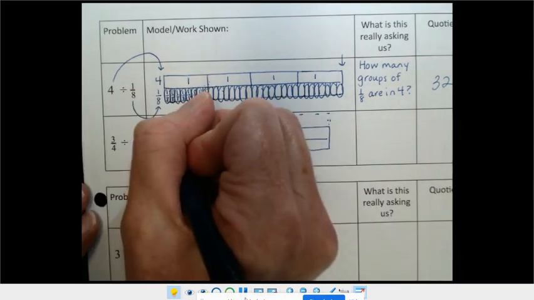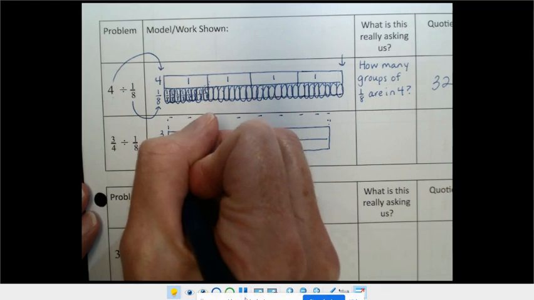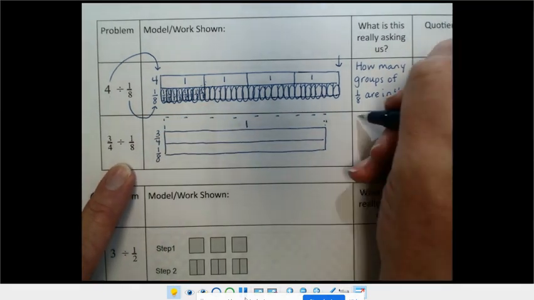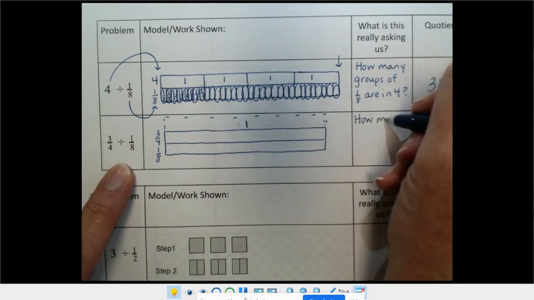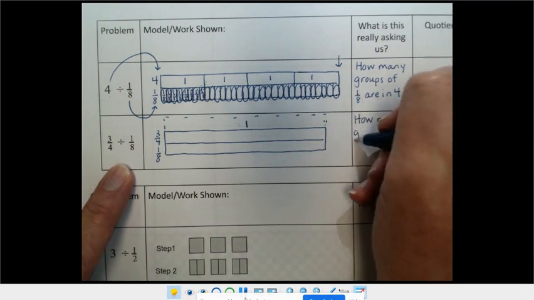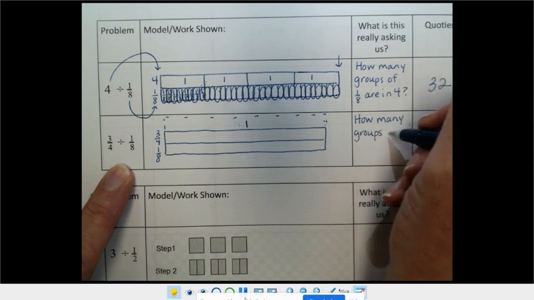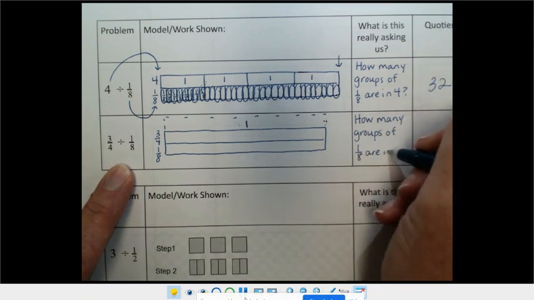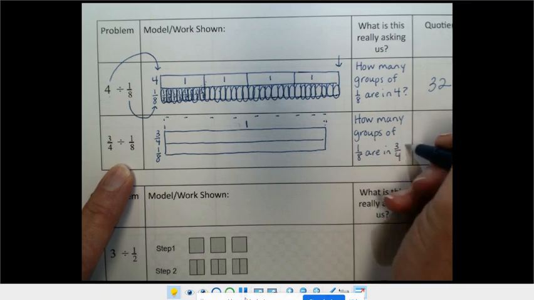So again, I'll write my fractions next to my model. And this is asking me how many groups of 1/8 are in 3/4.